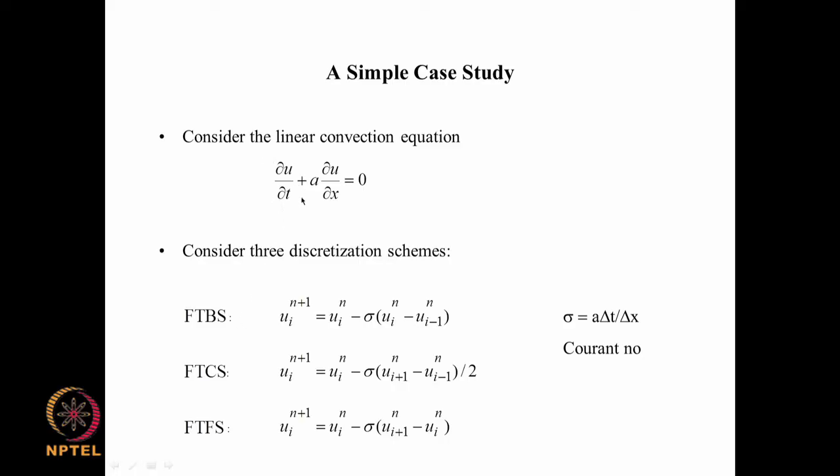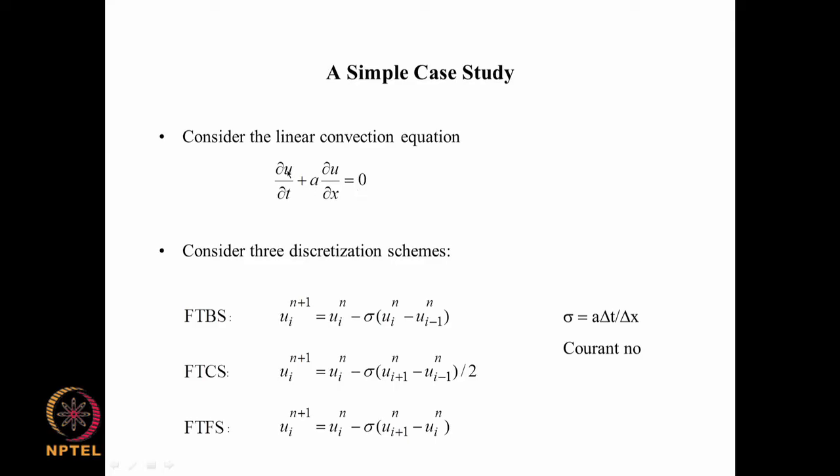The time derivative is discretized as forward in time, that is u i n plus 1 minus u i n divided by delta t, and the space derivative dou u by dou x is put in the form of a backward difference, that is u i minus u i minus 1 divided by delta x.